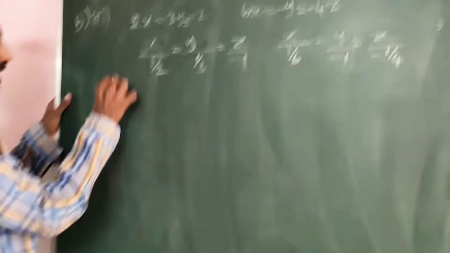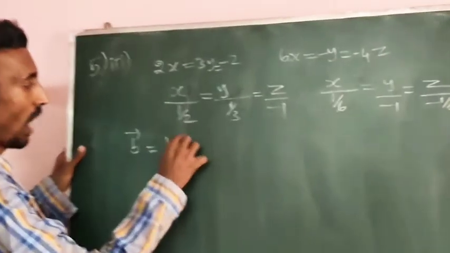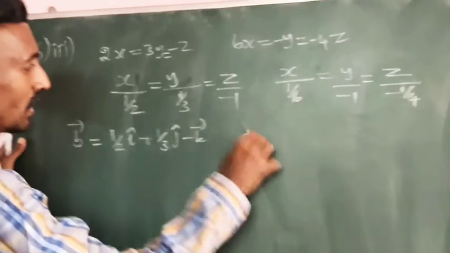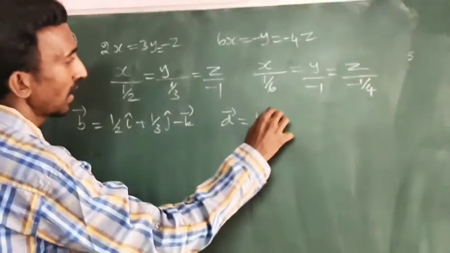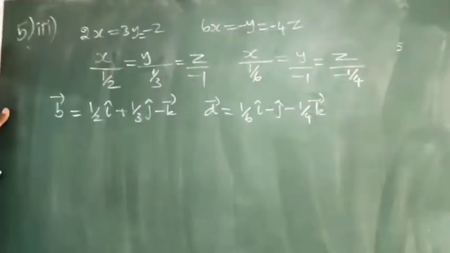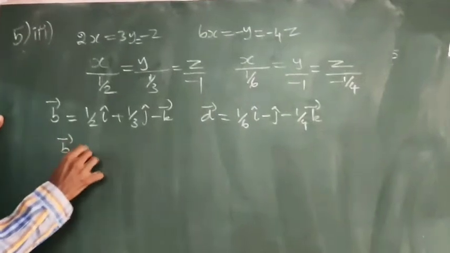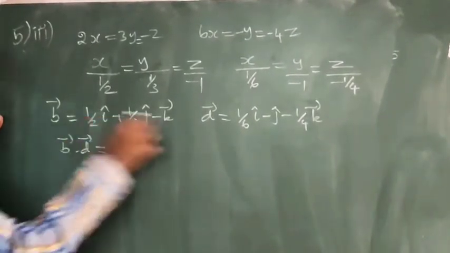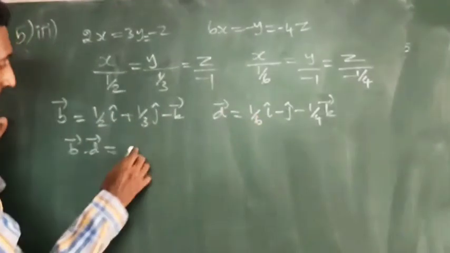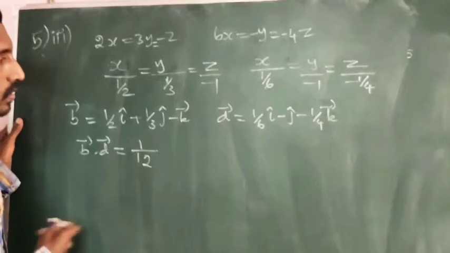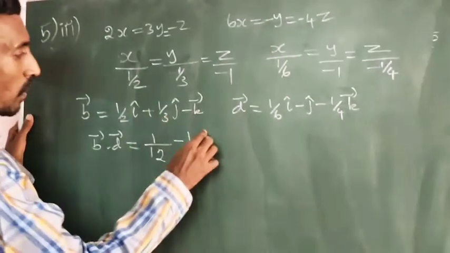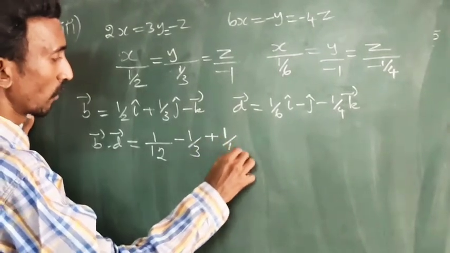What is b vector from the first one? 1 by 2 i plus 1 by 3 j minus k. And what is d vector? 1 by 6 i minus j minus 1 by 4 k. Look here, first find b vector dot d vector as usual. 1 by 2 into 1 by 6, 1 by 12, minus 1 by 3, plus 1 by 4.